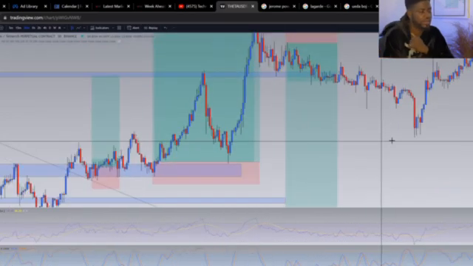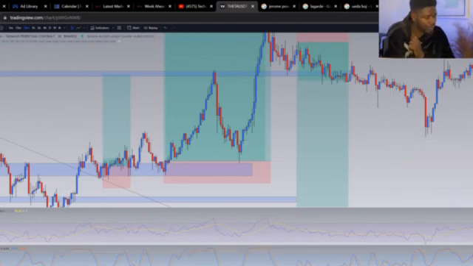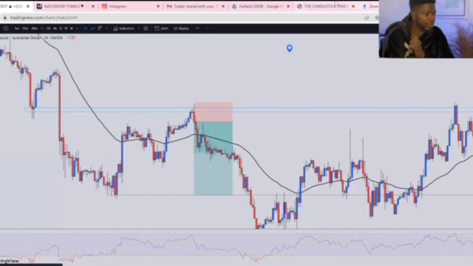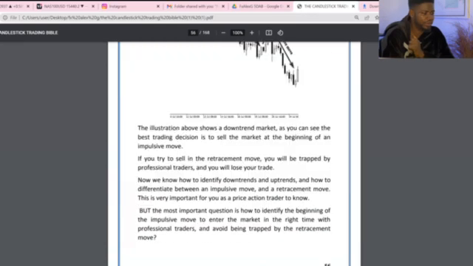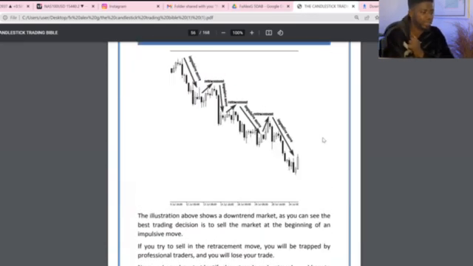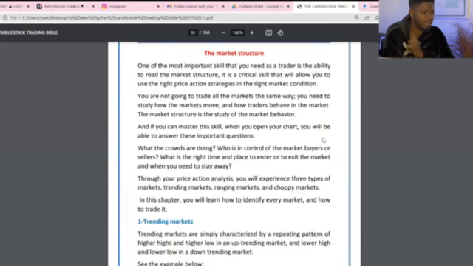So brothers, that's it for candlestick. You can go to Candlestick Bible and read up others. You can see I look at a lot of things every weekend. I study my chart. I study to see what's going on in the market.